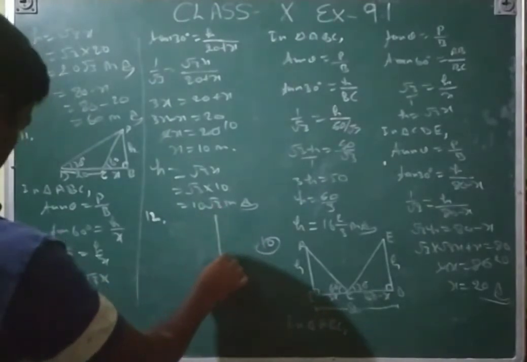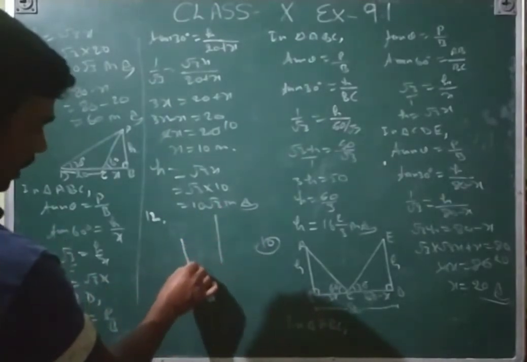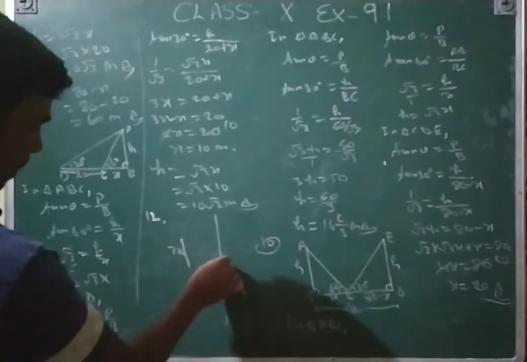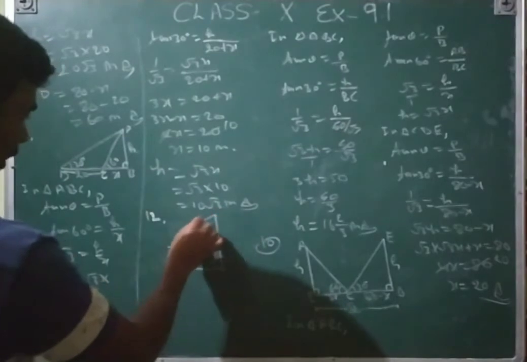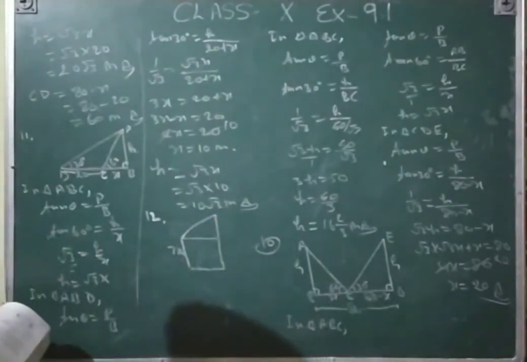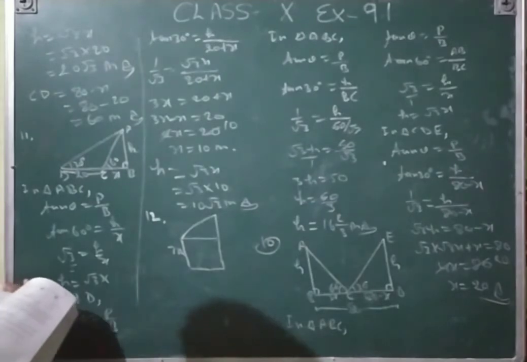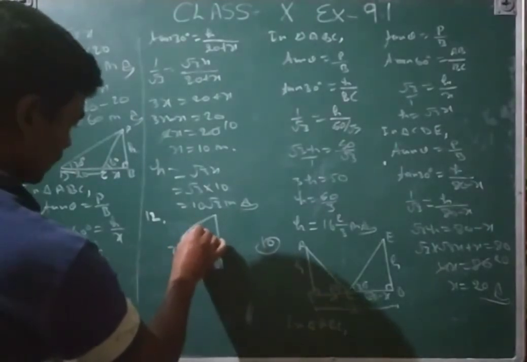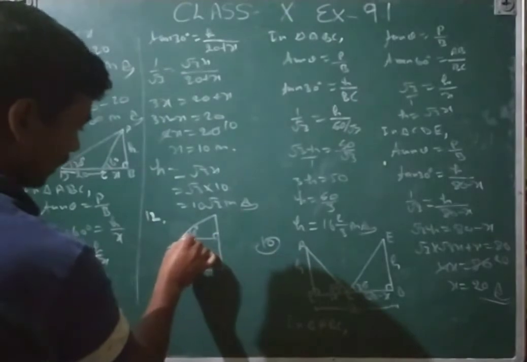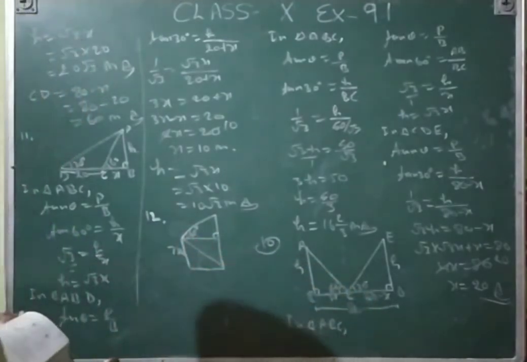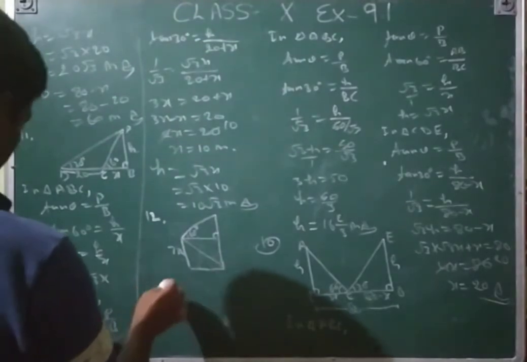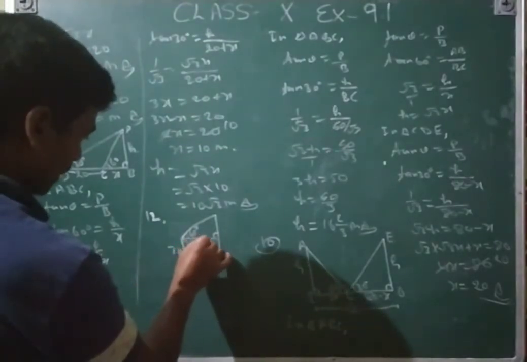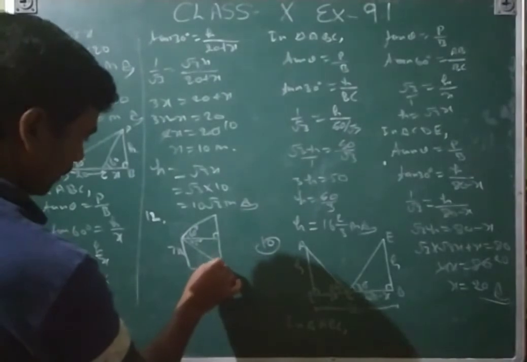This is a tower, and this is a 7 meter building, and the top is making the angle 60 degree, and then the foot angle, that is the depression angle, is 45, so that will be also 45.